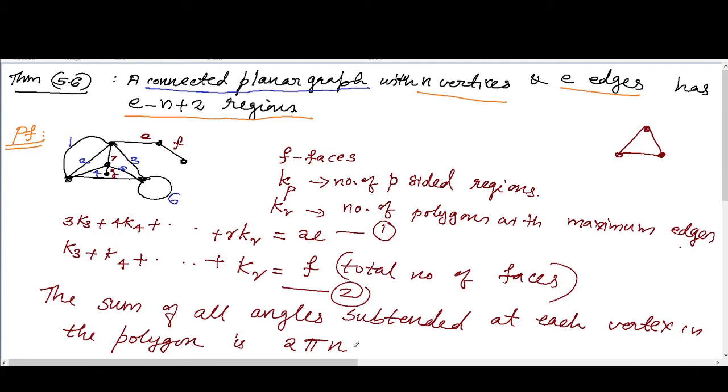That is an important result. Take it as equation number 3. Here, the sum of all angles means that the angles include the interior angle and the exterior angle, both. So here we want to remember both formulas. What is the sum of all interior angles of a p-sided polygon and what is the sum of all exterior angles of a p-sided polygon? So you note that result here. Now I am cleaning this portion now.